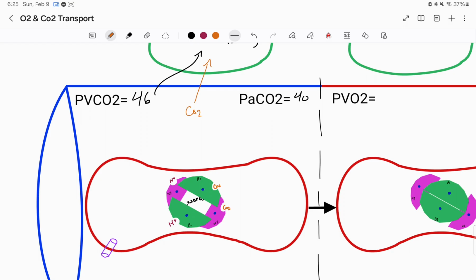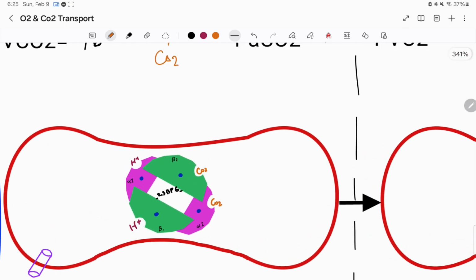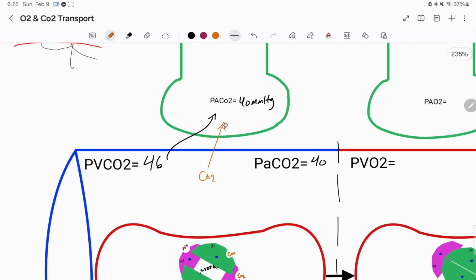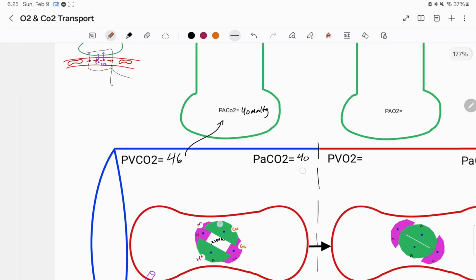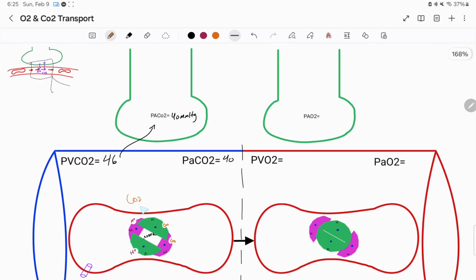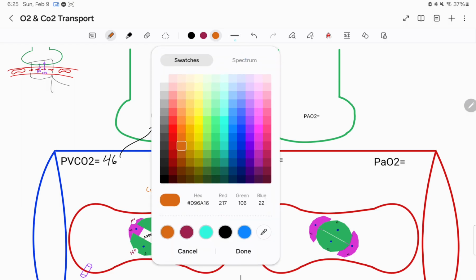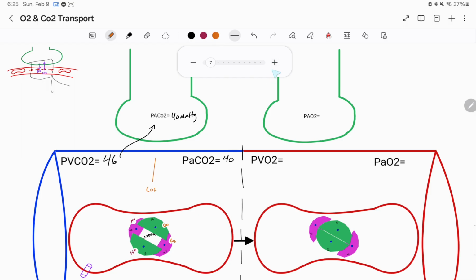Next, the CO2 that was bound to, and let's stay consistent with the diagram before, we had the CO2 here, and we'll just give a line right there. Next was the CO2 that was bound to this hemoglobin. That CO2 will come here and join that line over there.